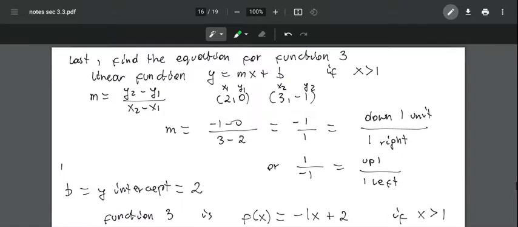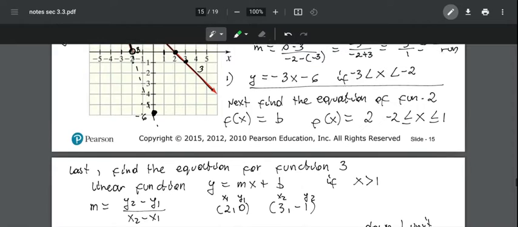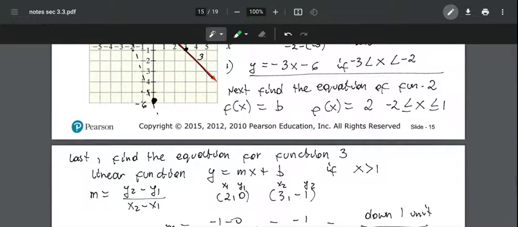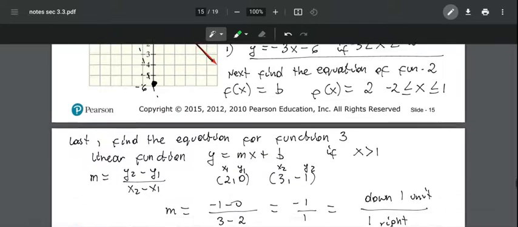The second equation was the constant function y equals 2, and that constant function has a restricted domain from negative 2 to 1, including negative 2 and including 1.